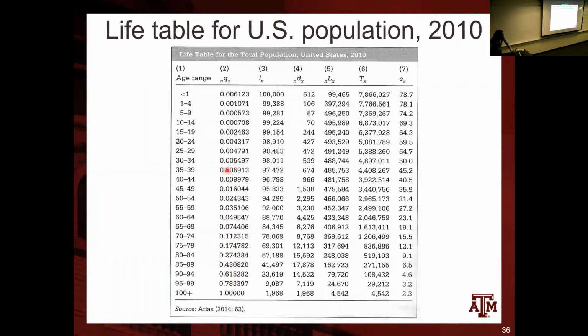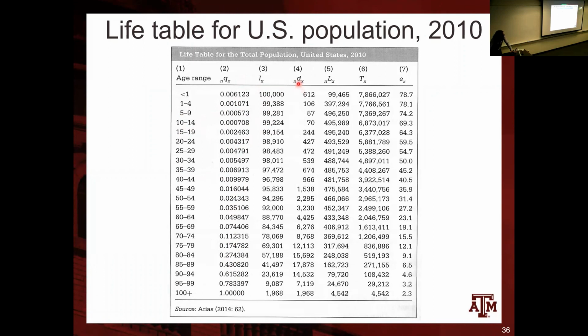This is the probability of dying between the ages of 35 and 39. Why here do we just have LX, not LXN? Because this is the number of people surviving to the beginning of the age group: the number surviving to age 5, to age 10, to age 15.